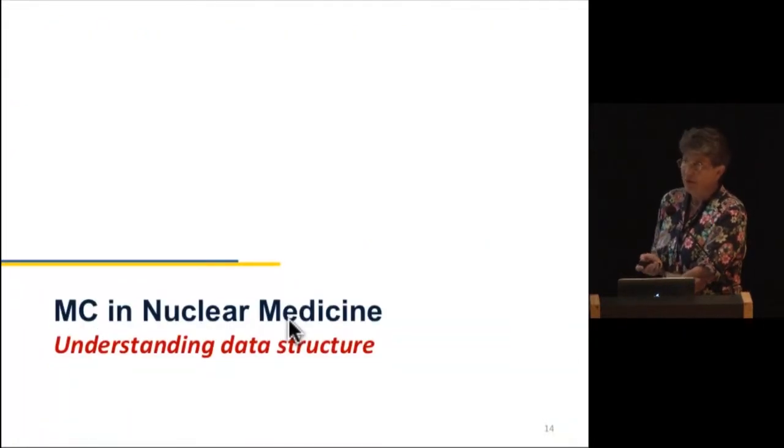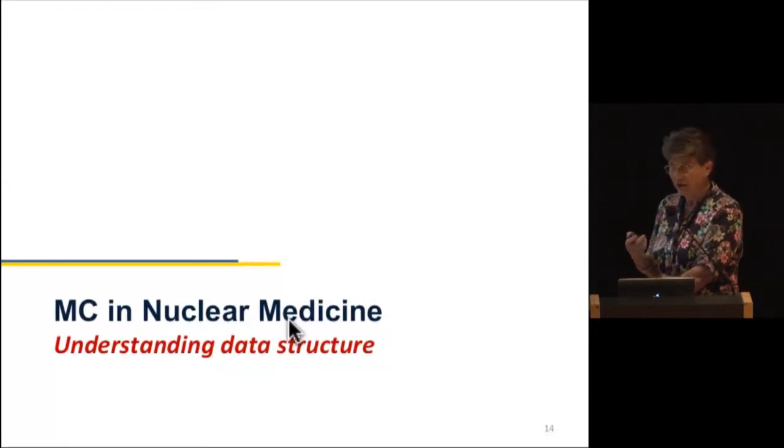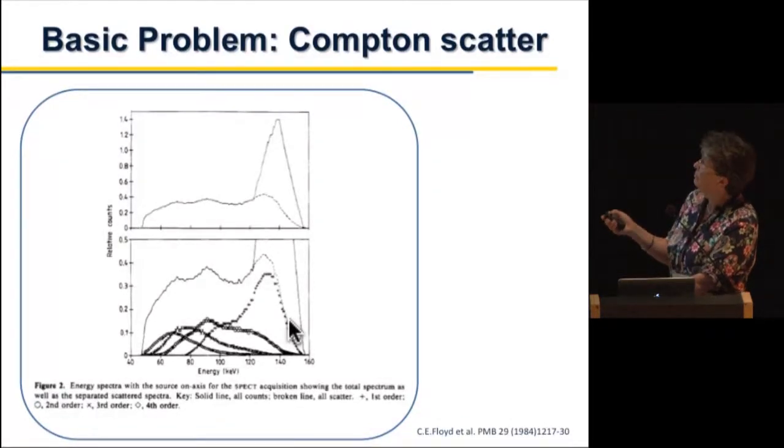The next step would be understanding data structure. In nuclear medicine, we are recording data. We want to understand what these data are. The basic principle is Compton scatter. This is a picture from a very old paper. If you measure a spectrum with a nuclear medicine camera, you are just getting that total.